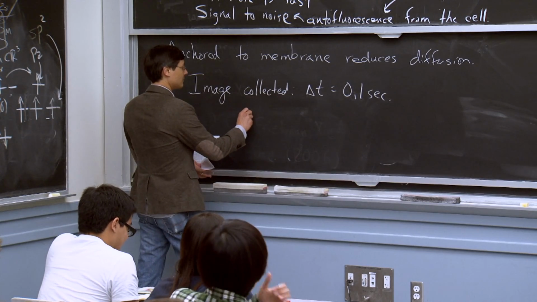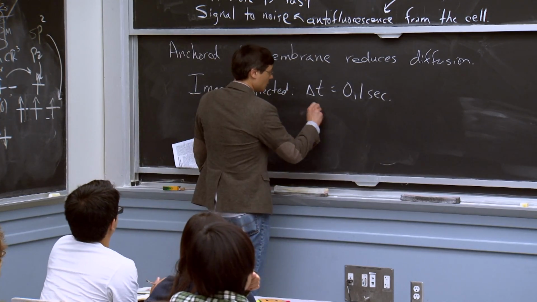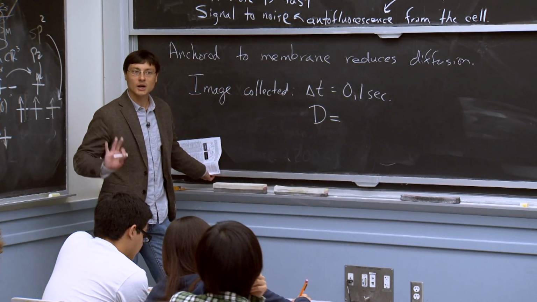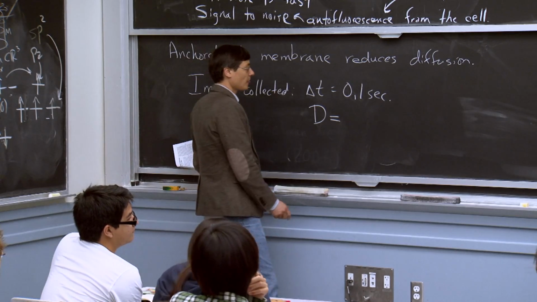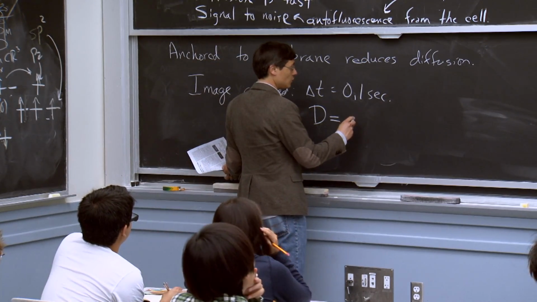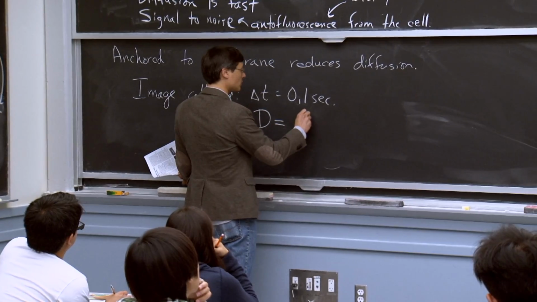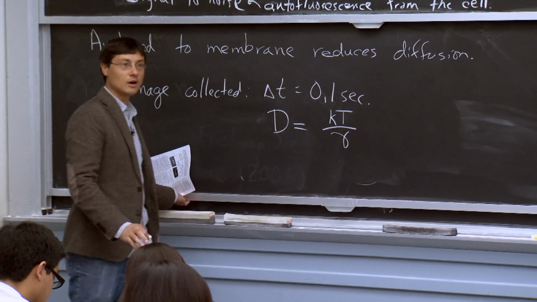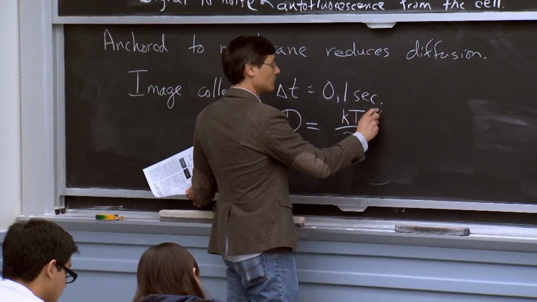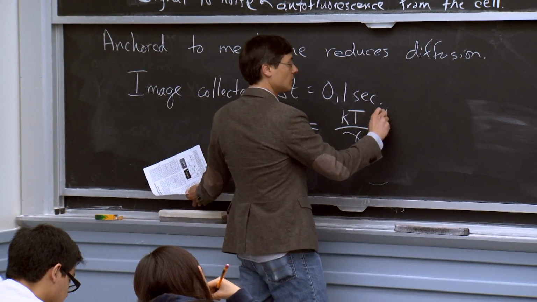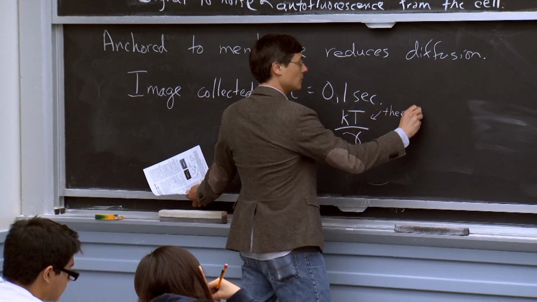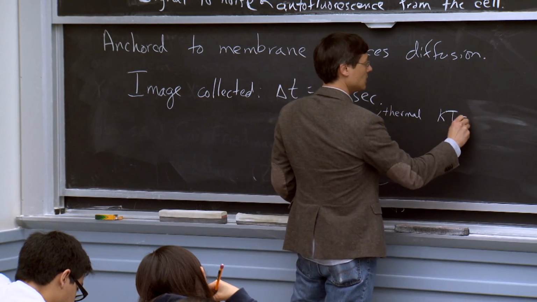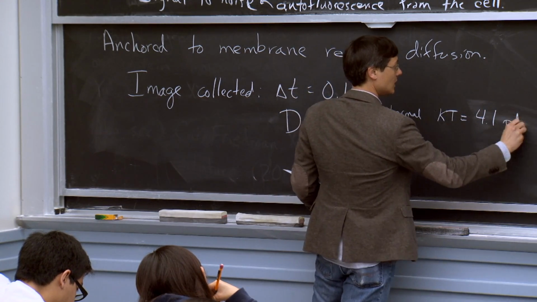We're going to talk more about diffusion in a few weeks, but you should also, in principle, be able to calculate how these things go. In general, the diffusion coefficient is going to be kT over some gamma. kT is thermal energy, and at room temperature, kT is around 4.1 piconewton nanometers.